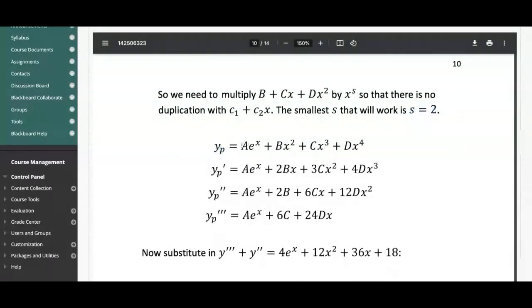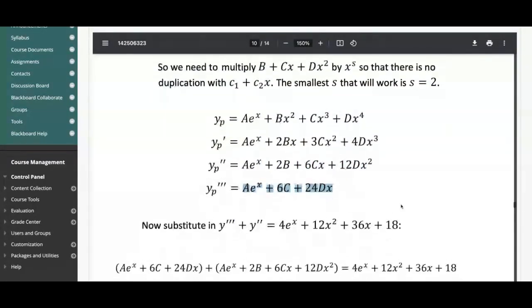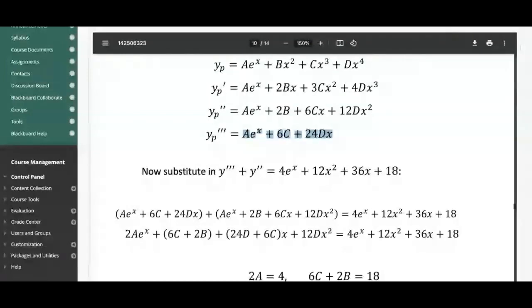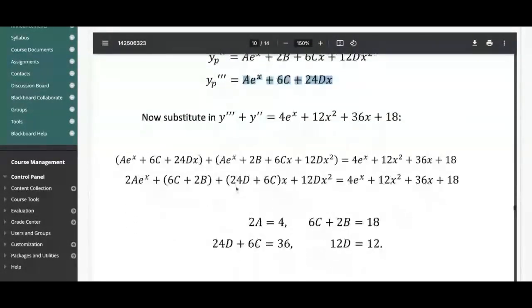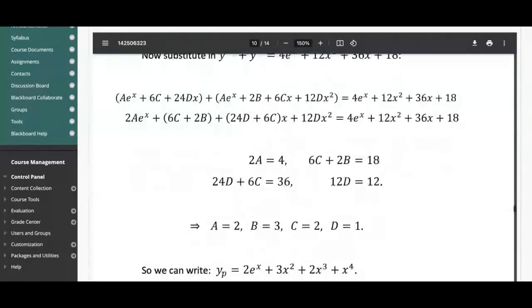So a particular solution would be in this case, then we take a derivative, we take a derivative again, then we differentiate again to get this. So substitute back into the original equation, then match up the left-hand side and the right-hand side coefficients. 2a equals 4, a equals 2, and d equals 1.